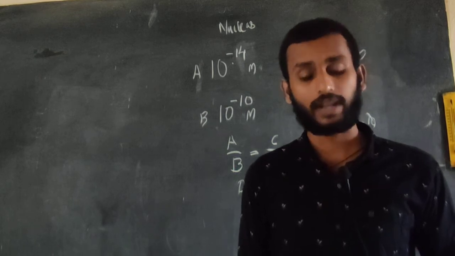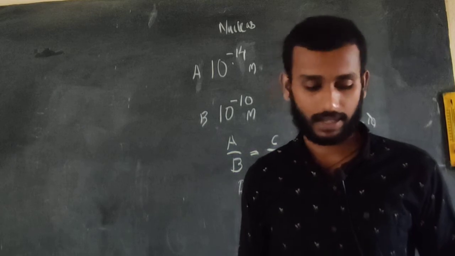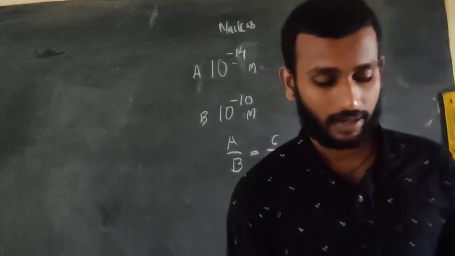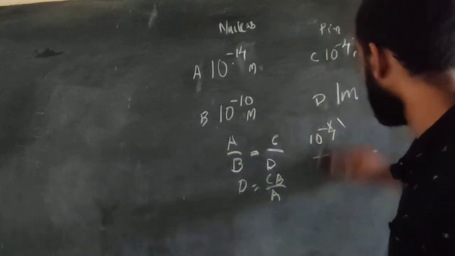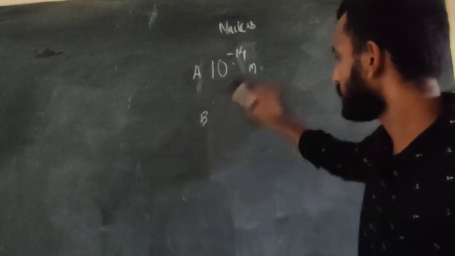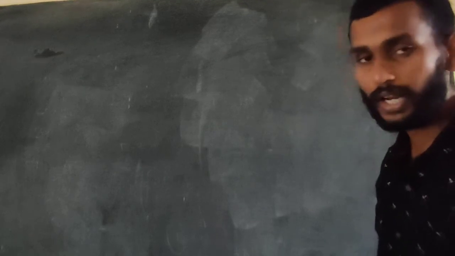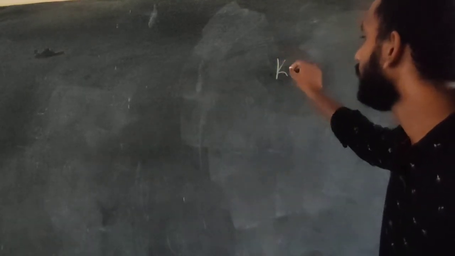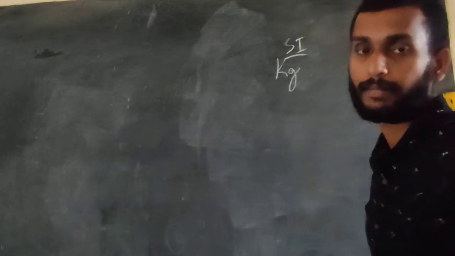Now, let us come to the next topic, that is the measurement of mass. Okay. So, you know that for general usage, for measuring mass, we are using the units kilogram and gram. Kilogram is the SI unit of mass, isn't it?